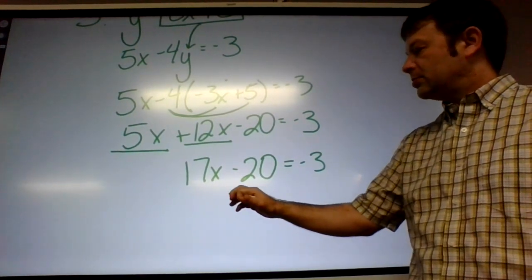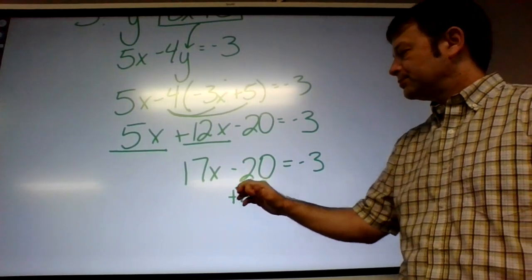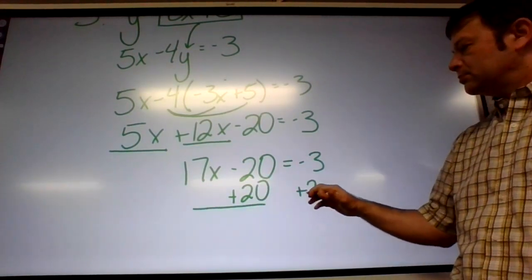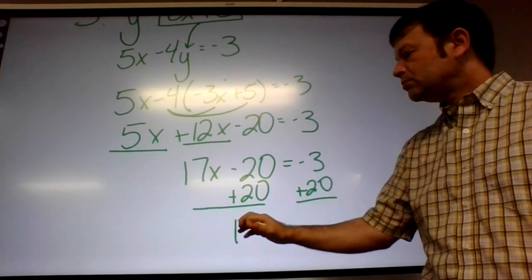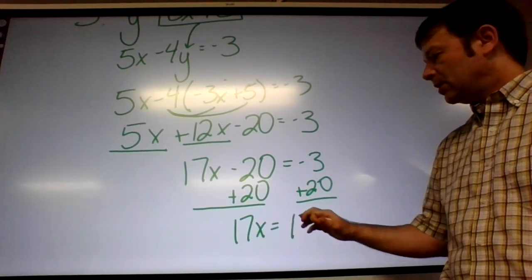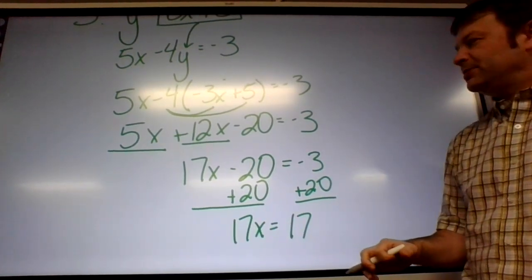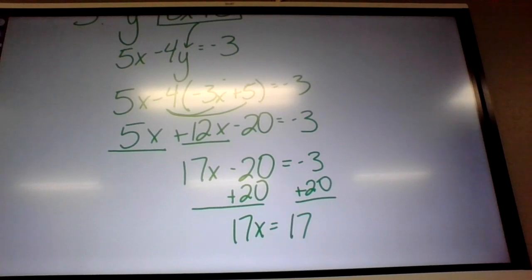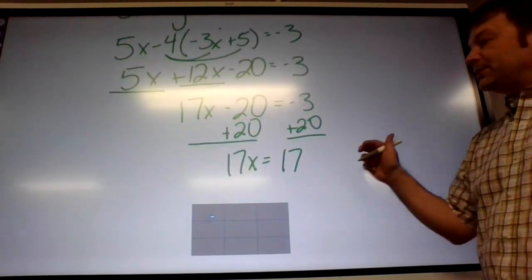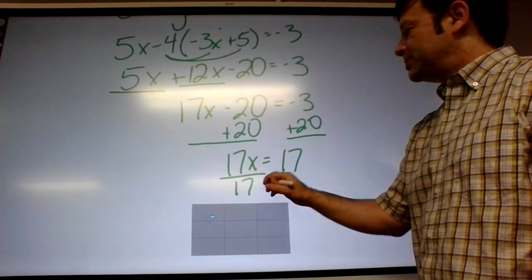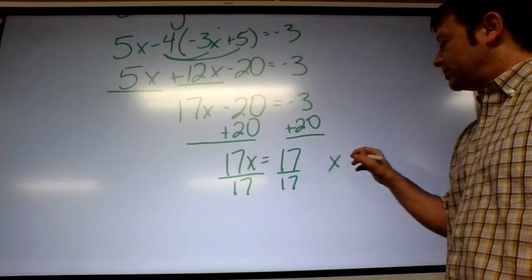Okay, plus 20. It's really just the first step that's new to us. 17x equals 17. Actually, I think I might have mentioned substitution before, so it's not even that new.